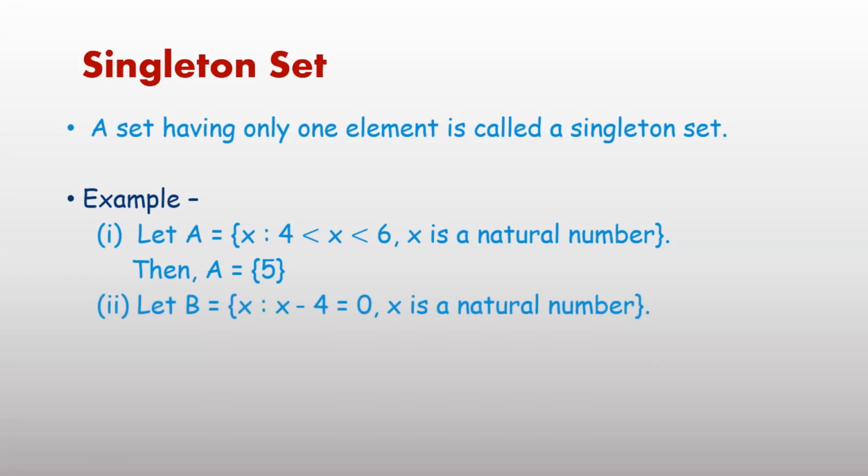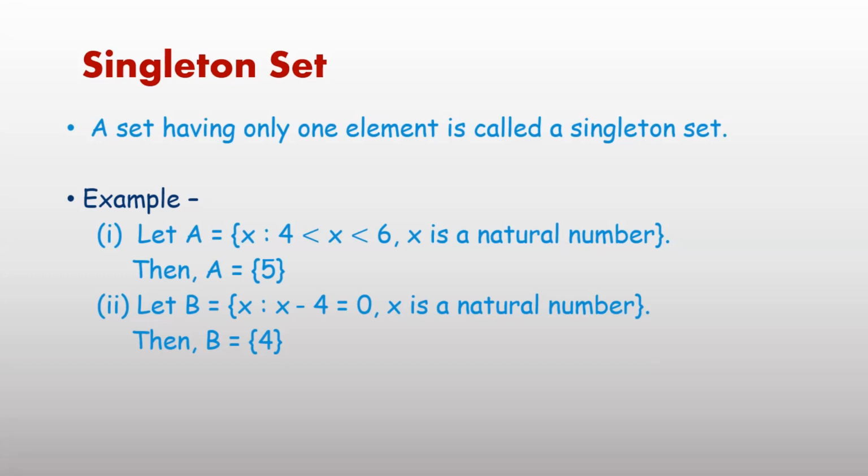Hence it is a singleton set. Second example, x such that x minus 4 equal to 0, x is a natural number. If you solve x minus 4 equal to 0, we can find value of x as 4. Again in this set only one element is there.